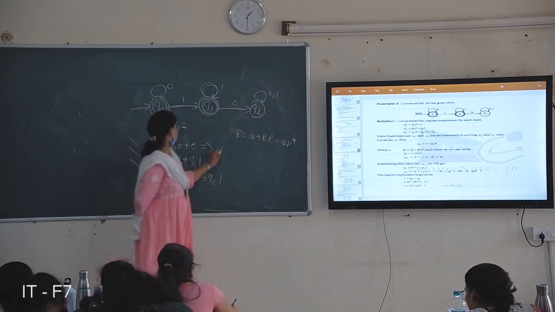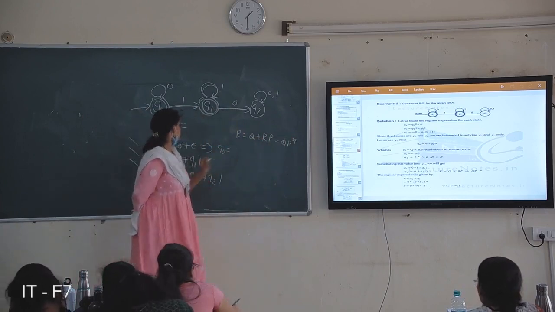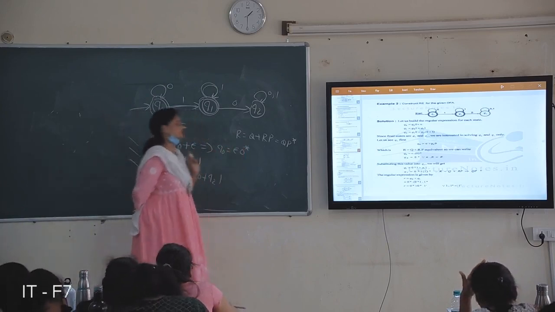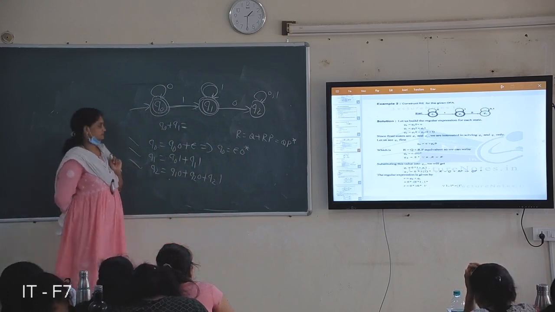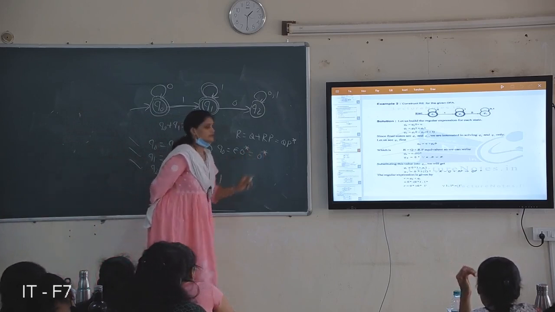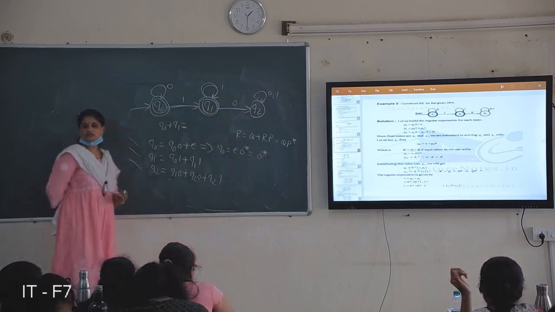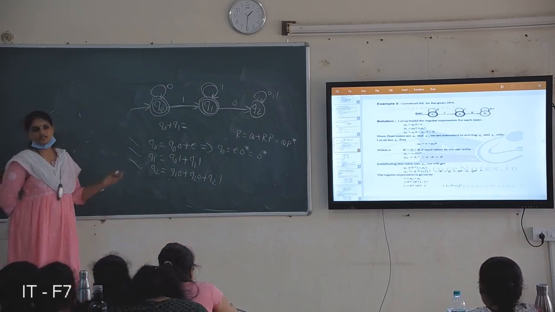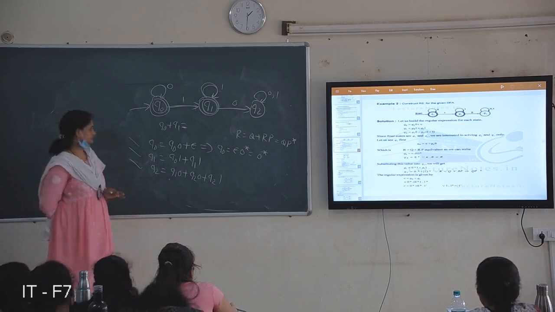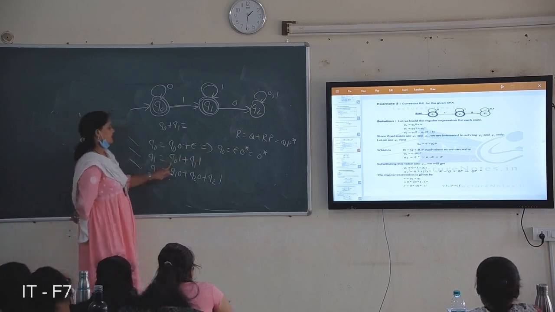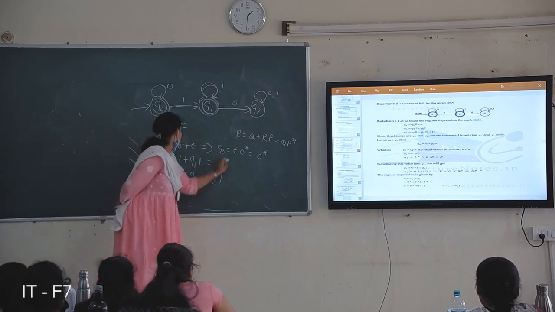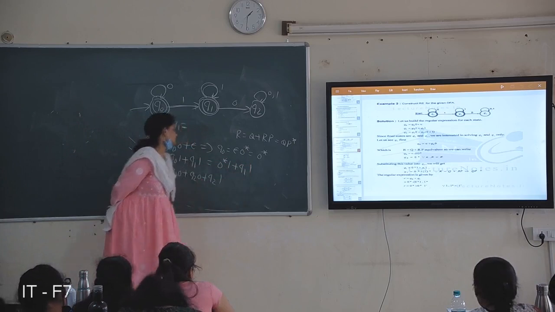Okay, so Q0 equal to epsilon 0 star. Epsilon into 0 star. So you are getting Q0 equal to epsilon 0 star, which means 0 star. Use the identity rules, and if you want to simplify further you can. Use the identity rules and simplify the regular expression. And use this Q0 value here; you can get the Q1 value. So Q0 value into 0 star 1 plus Q1 1.